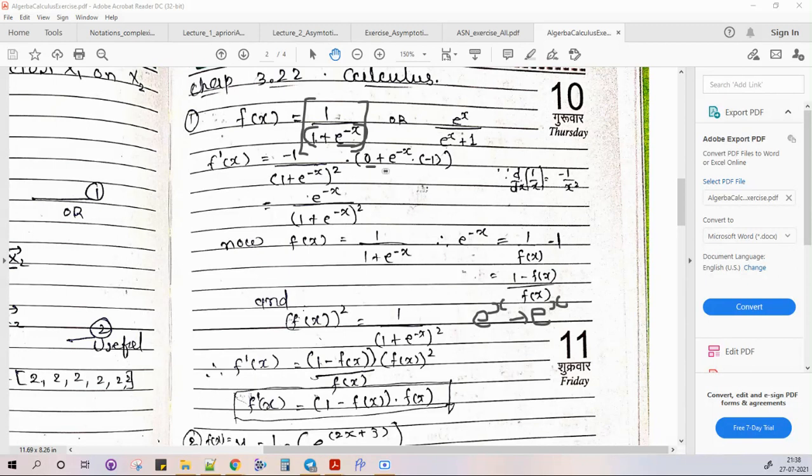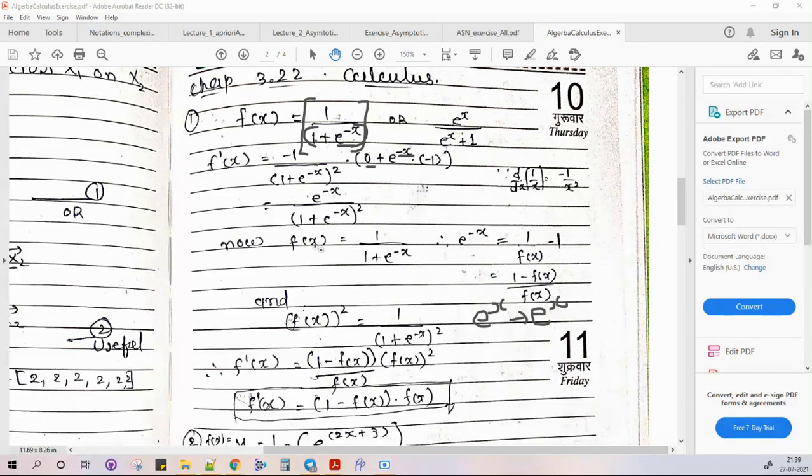Now I need to take the derivative of minus x again, because minus x is also a function. So it is minus 1. Minus 1 multiplied by minus 1 is plus 1, so we get e to the power minus x divided by 1 plus e to the power minus x square.